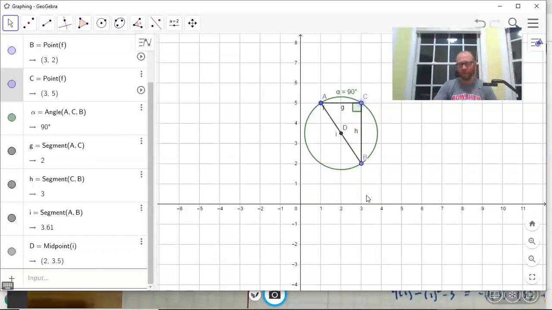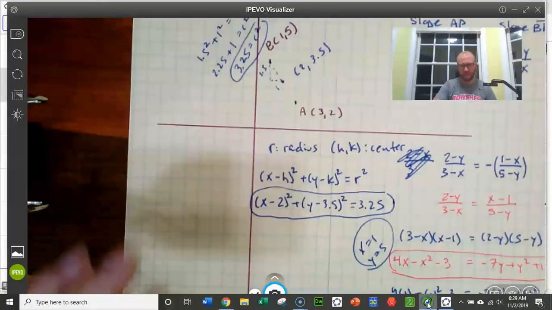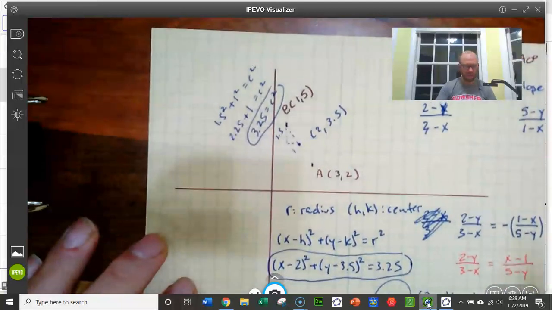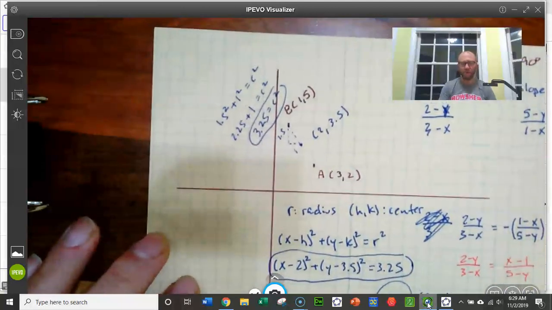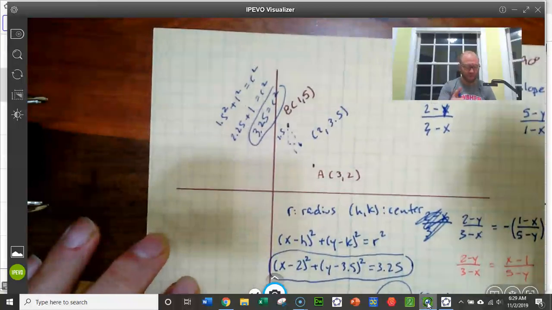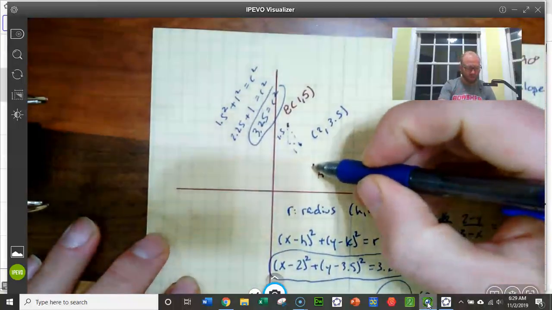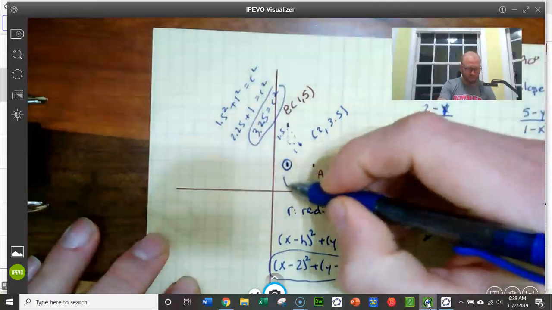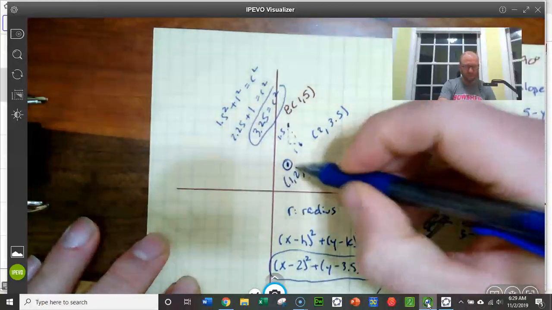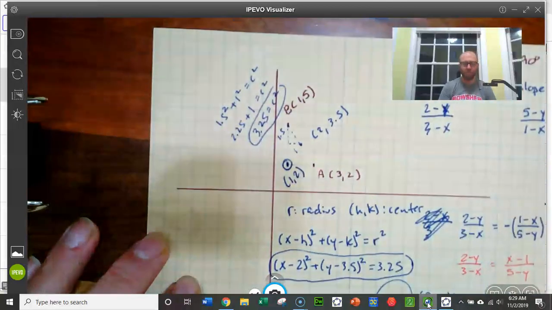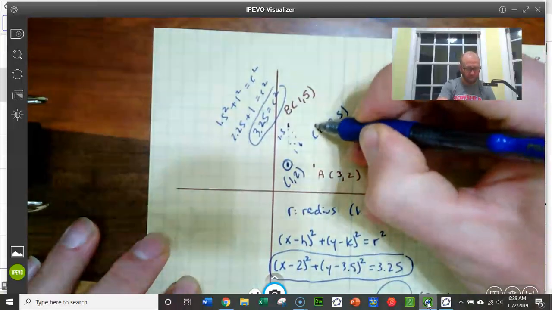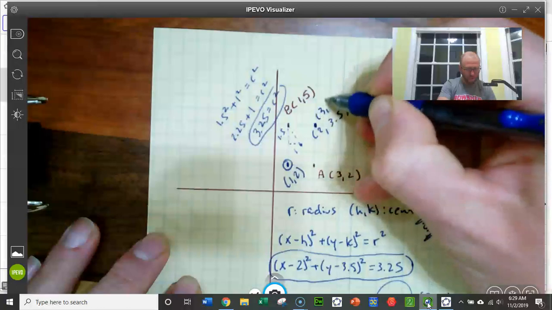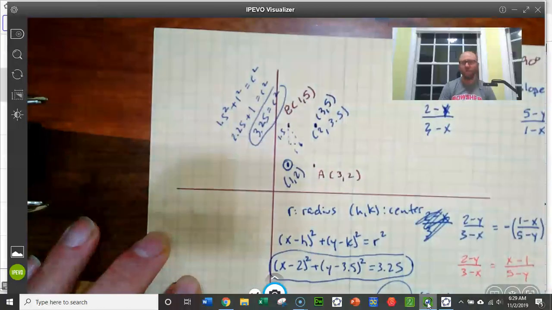Now I look back at my original problem again, and I think, oh, if I want to put point P at a place that'll make this a right angle, just go right here at 1, 2, right? Just make a right triangle there, or I go up here at 3, 5.